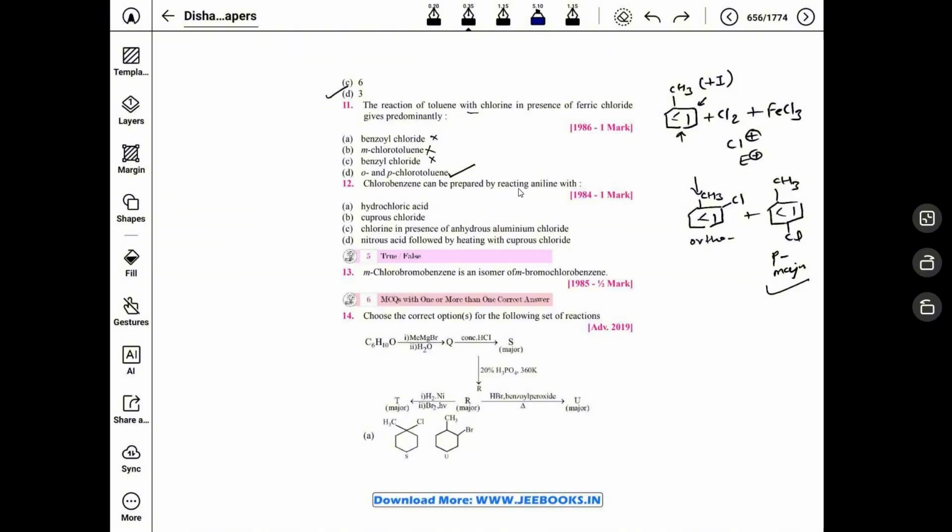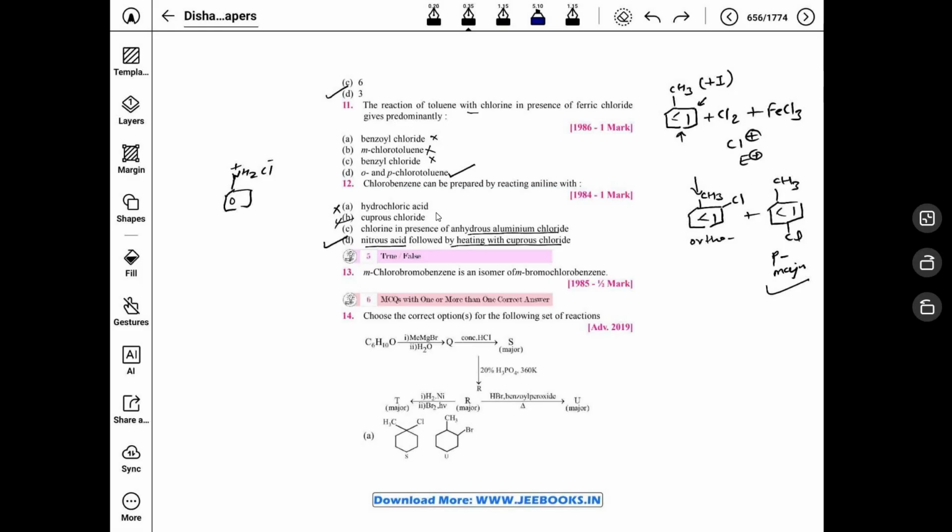Now moving to question number 12. Chlorobenzene can be prepared by reacting aniline with hydrochloric acid? No, because aniline on reacting with HCl just will give salt, nothing else. Cuprous chloride? No. Chlorine in presence of anhydrous aluminum chloride? No, this will lead to the chlorination of the benzene ring. Nitrous acid followed by heating with cuprous chloride?